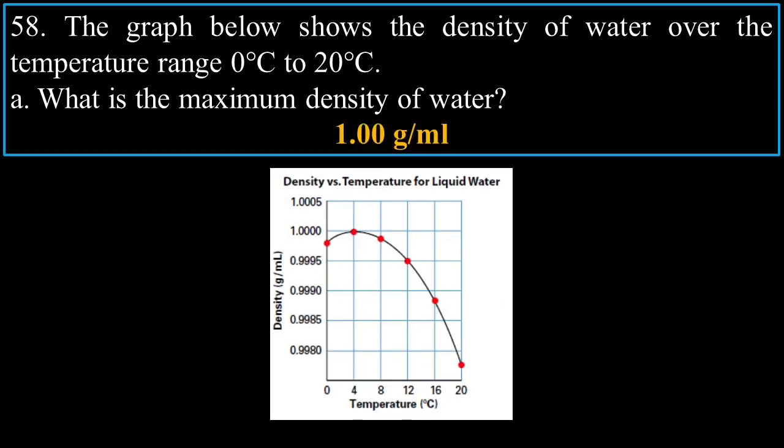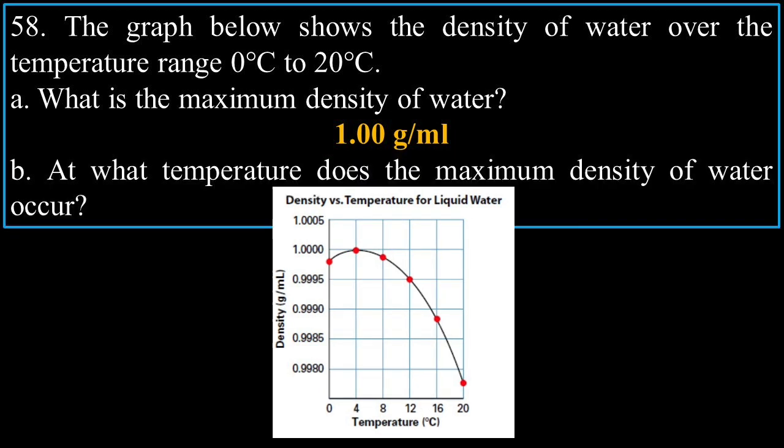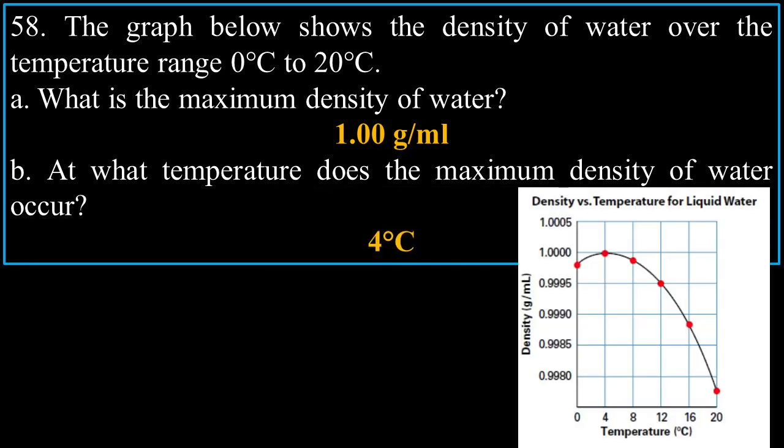You can see that the water is highest then. 1 gram per milliliter. At what temperature does the maximum density of water occur? 4 degrees Celsius. Sorry, I got a little confused there. It happens at 4 degrees Celsius.